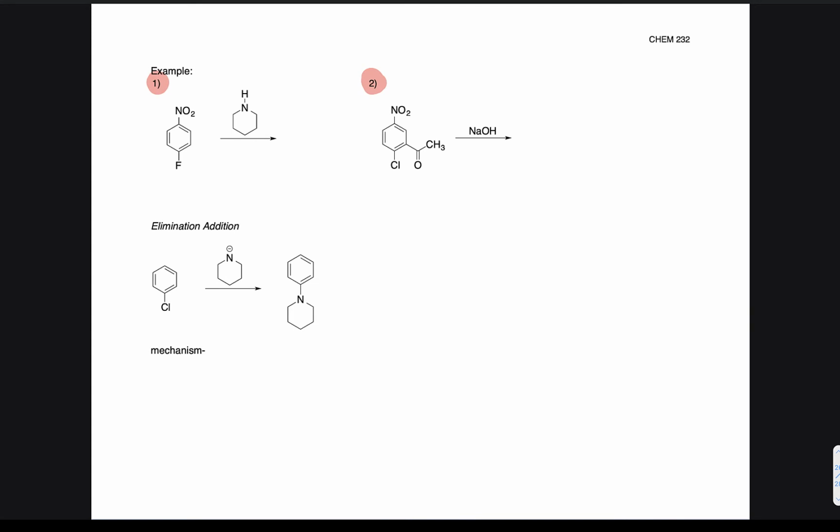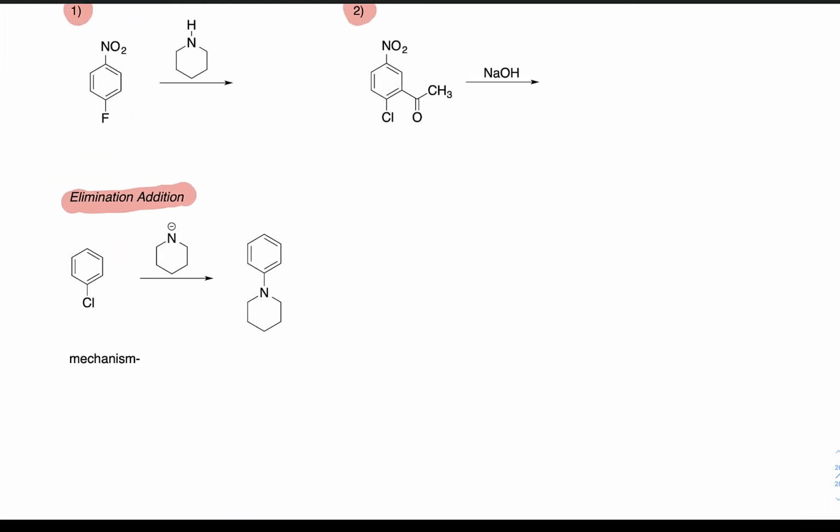But one other mechanism I wanted to show you, which is something else that can potentially happen, is through a different mechanism, this elimination addition mechanism. So I'm going to zoom in here a little bit. So notice on our molecule now, we don't have an electron withdrawing group, we just have a chlorine.